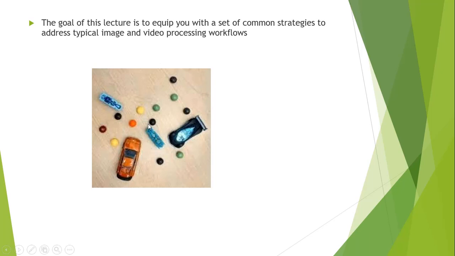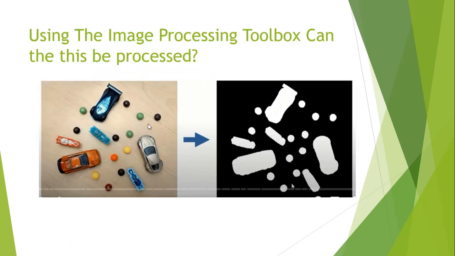We may look at wanting to have an image processed to this. So you have the canned image here, and you would want to process it to have a black and white image, which is a binary image here.